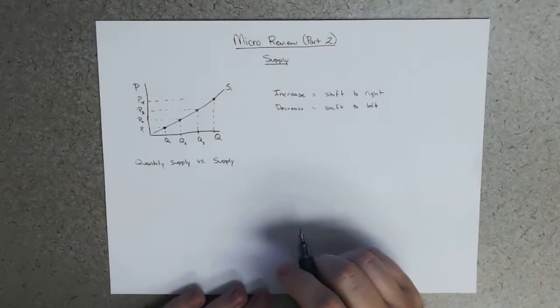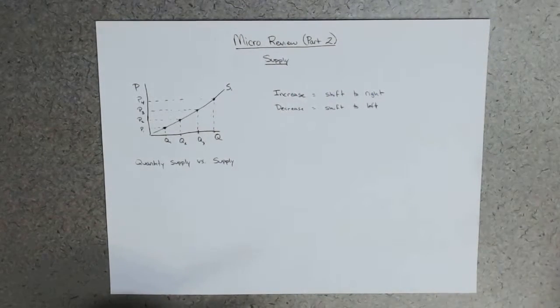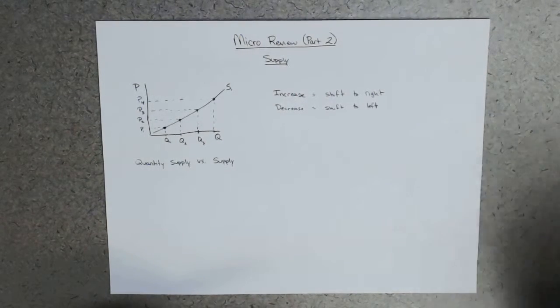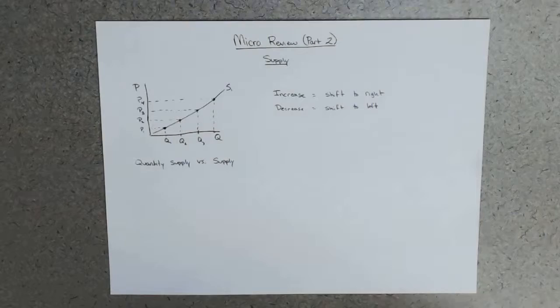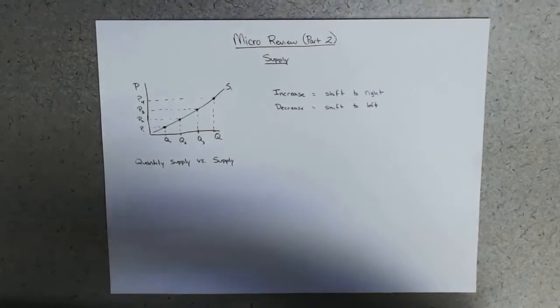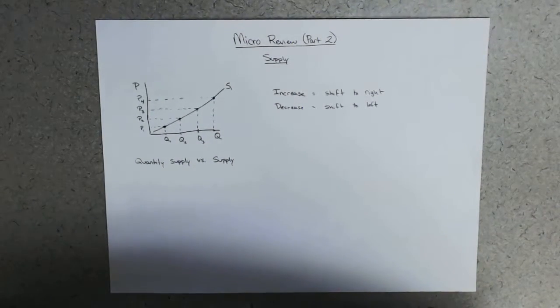And also like demand, there are 4 factors that can shift supply, and these are found on page 5 of the notes. Okay, so if we go over it really quickly, just to do it in brief, the first is a change in the overall number of suppliers of the good.